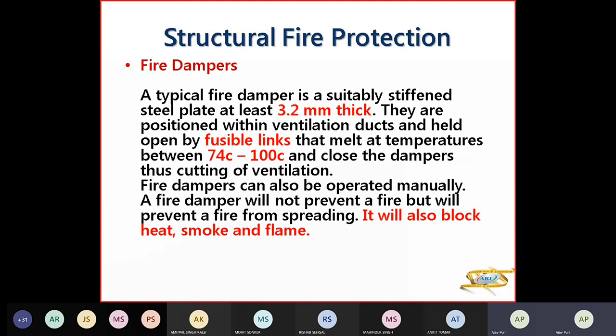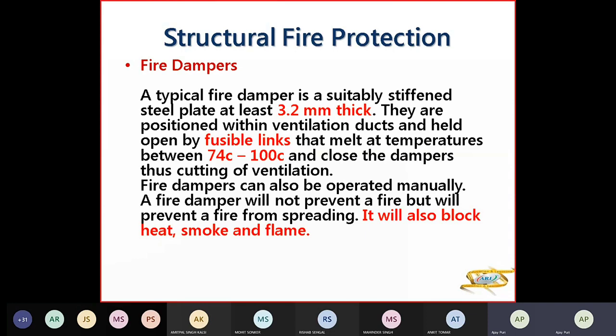So it has to be a stiffened steel plate, 3.2 mm thick, and they should be within the ventilation duct, connected to a fusible link. A fusible link is basically a thin wire which will melt at between 74 to 100 degrees Celsius in case of fire, maybe in the pump room or maybe in the funnel, and it's going to close the damper because the weight is already there.